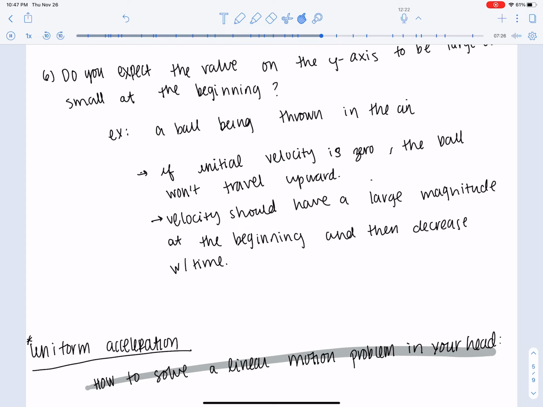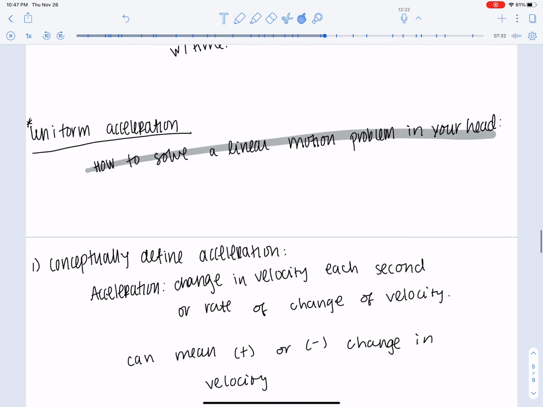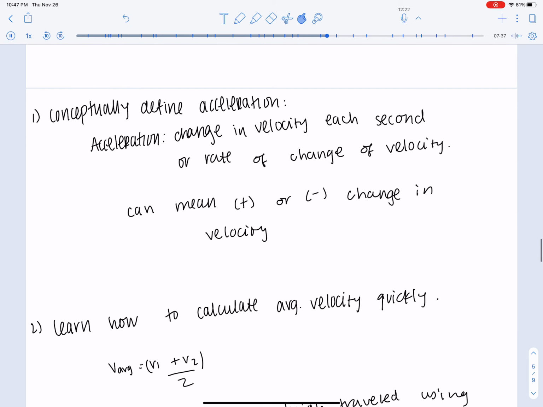How to solve a linear motion problem in your head. It talked about this and how to do it fast. First, you have to conceptually define acceleration. So basically, acceleration is a change in velocity at each second, or rate of change of velocity. It can be positive or negative.